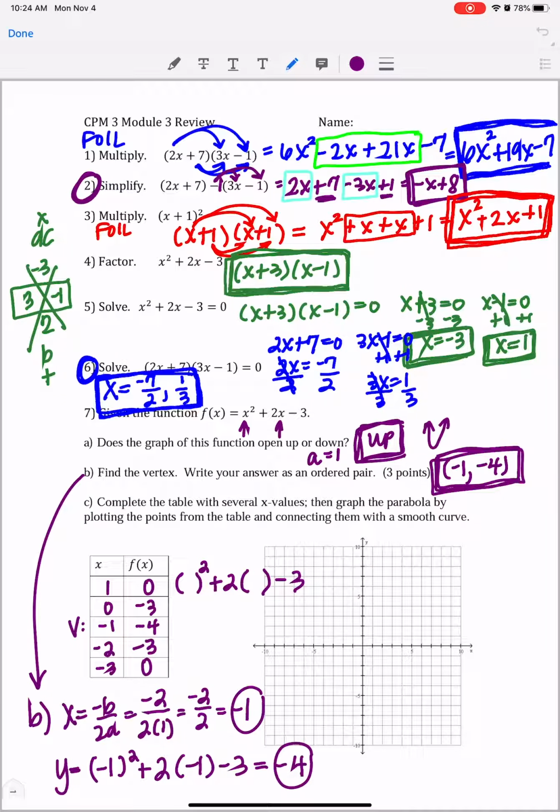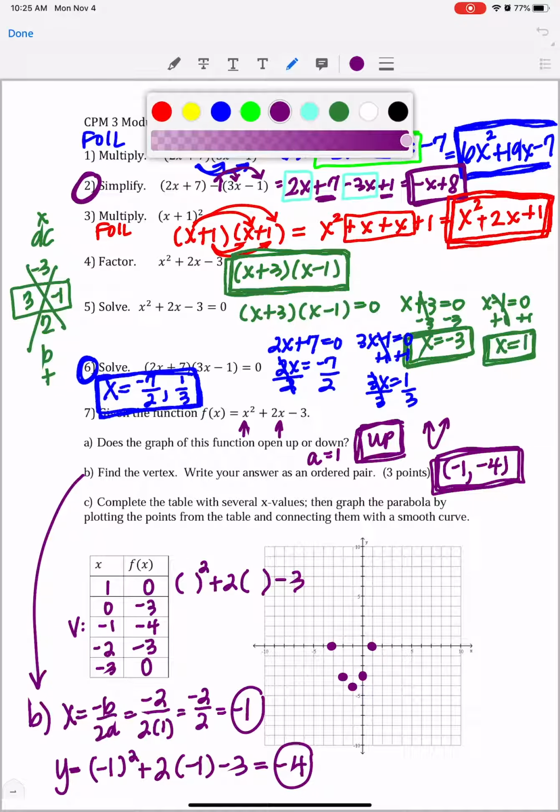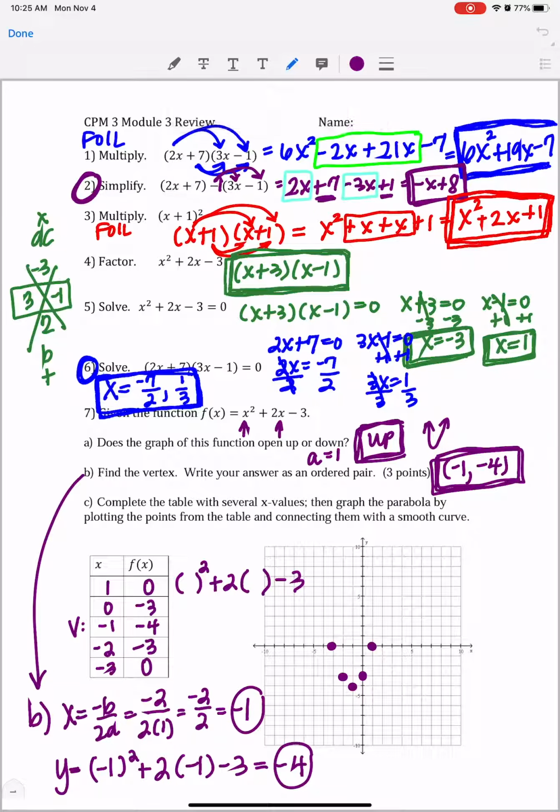So now let's plot. So we've got 1, 0; 0, negative 3; negative 1, negative 4; negative 2, negative 3; and negative 3, 0. So connect this as best as you can with a smooth curve.